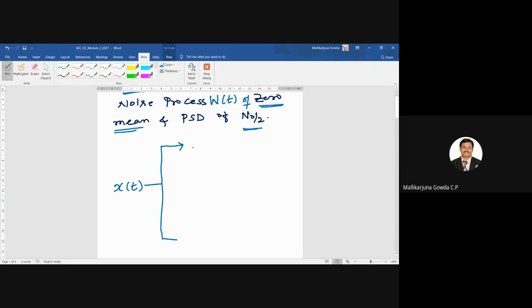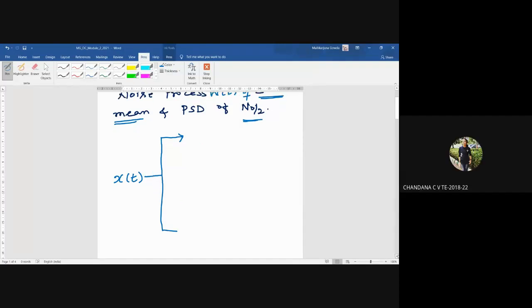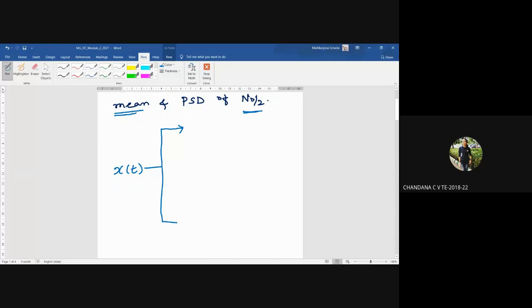So I was talking about the correlator. Can any one of you say what a correlator is? A product modulator followed by an integrator. So there will be a multiplier, and for this the basis function is phi 1 of t. I can have n basis functions, meaning n correlators.